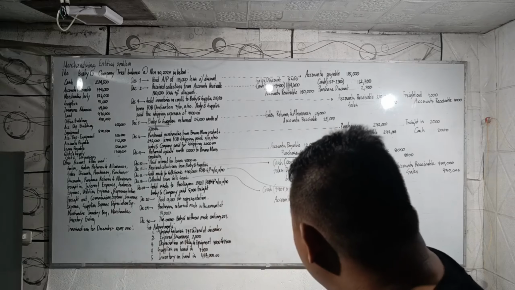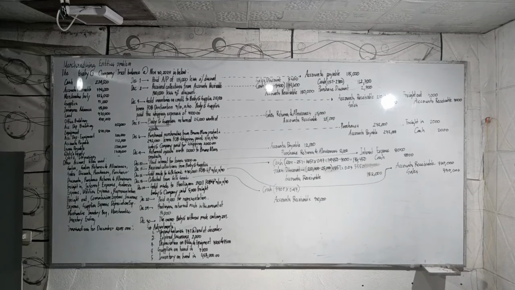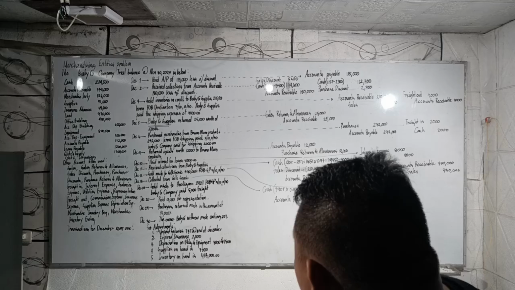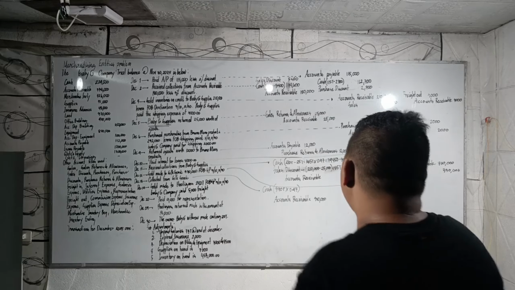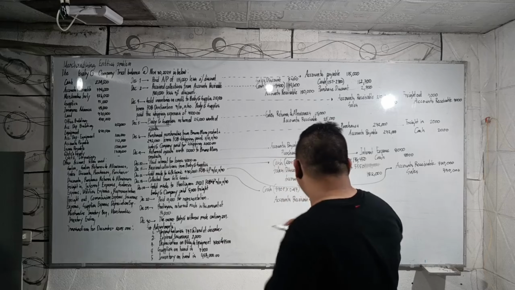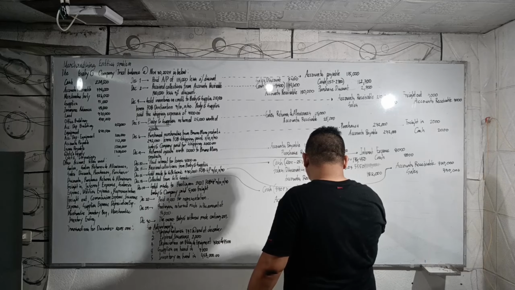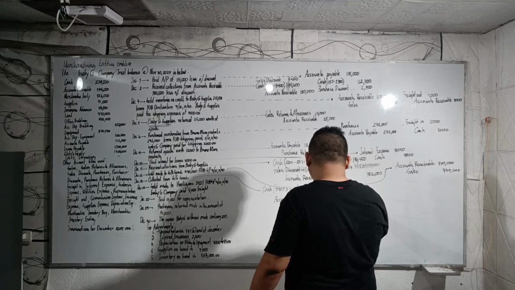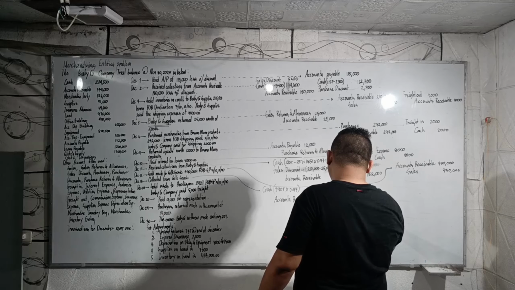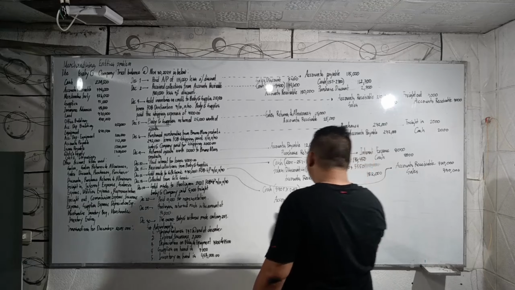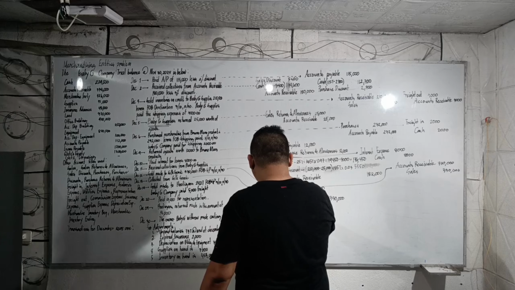So, 330 times 0.97, we have 320,100 instead of 330,000. Since the entry is not balanced, we have to recognize sales discount again.